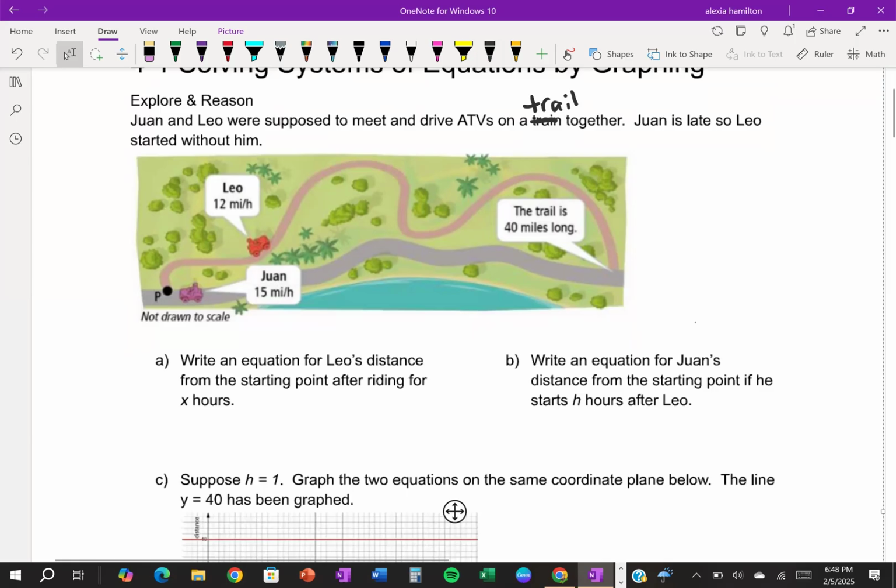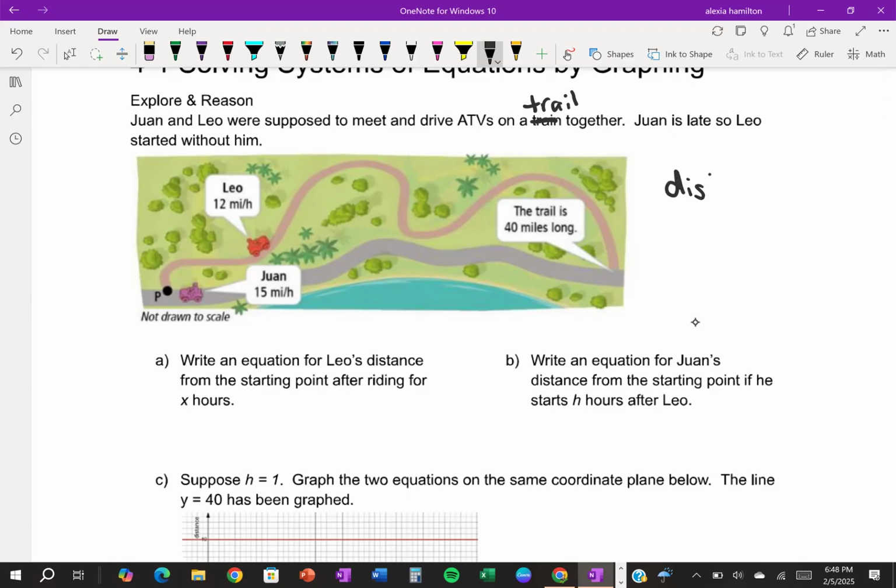All right, so we are supposed to write an equation for Leo's distance from the starting point P after riding for x hours. So Leo's distance. Distance is rate times time, just in general.